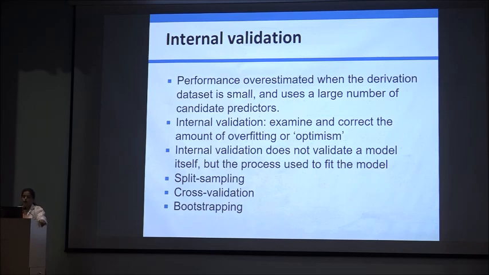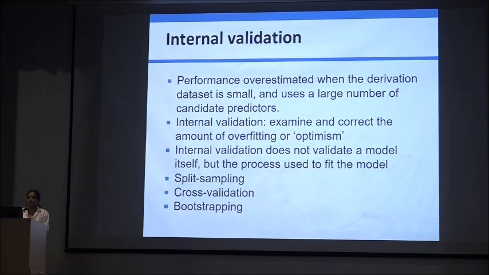Performance is usually overestimated when the derivation data set is small and uses a large number of candidate predictors. So this is often a problem, that we have too few patients in our data set and the predictors that we wish to study are too many. So this is called overfitting. And this is a problem because what this will result in is that the model will look very good in the training set.